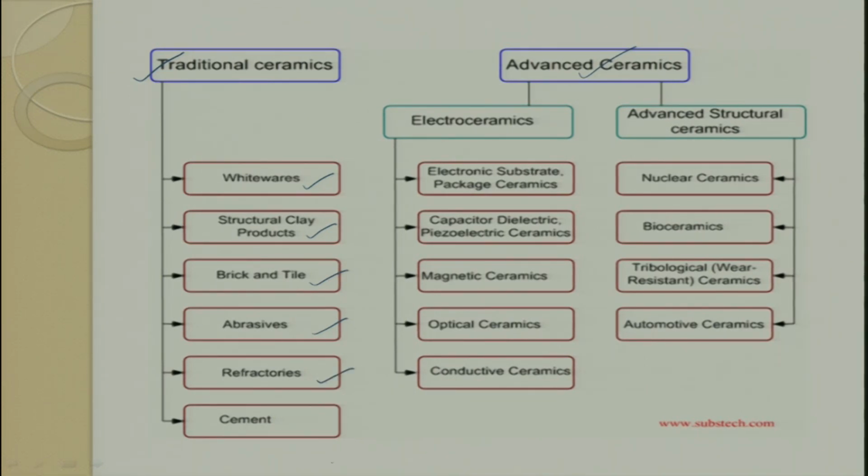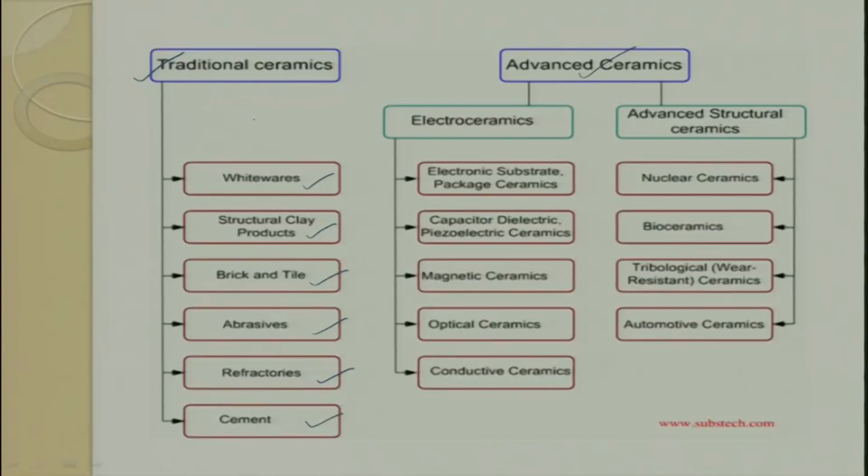You have refractories and you have cement. These are the traditional ceramic materials which we know, and a lot of products have been used. Okay. And when you go for advanced ceramics, you have electronic ceramics and advanced structural ceramics.